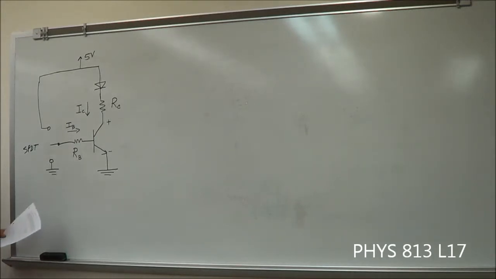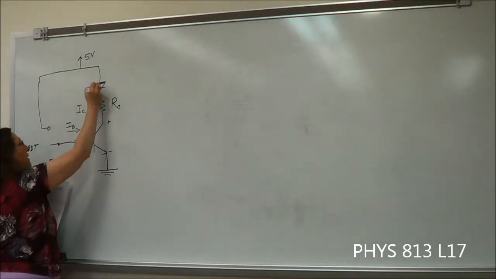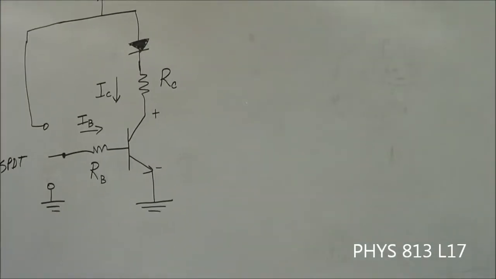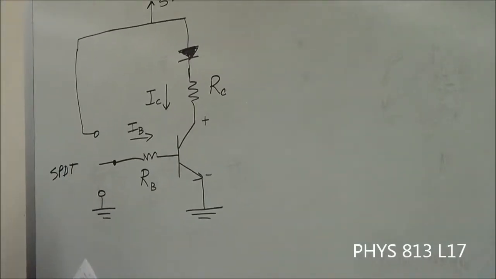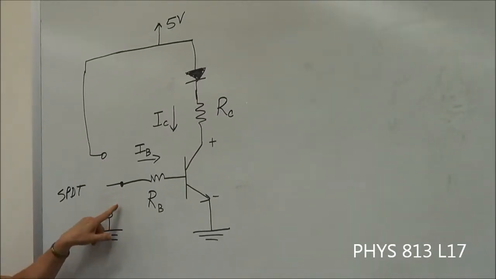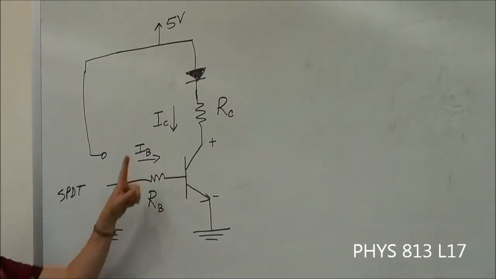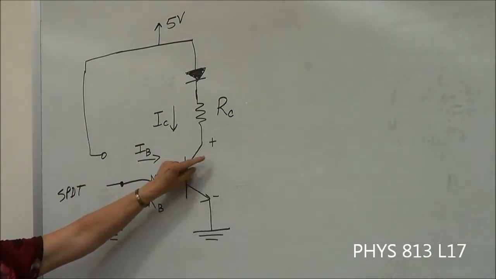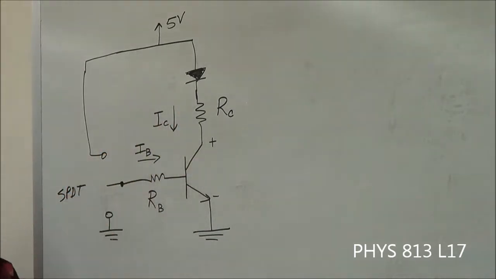Okay, now what we want to happen is for our LED to turn on when we move the switch up here, and for it to turn off when we have the switch down here. So we're sort of using this transistor as a switch, although we're switching over here, but the switch part here is what's turning the LED on and off.